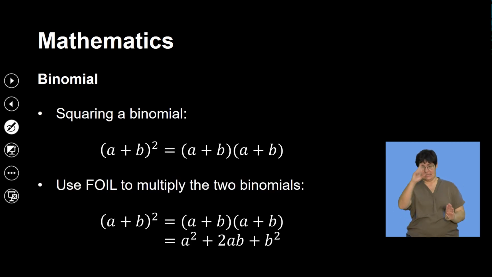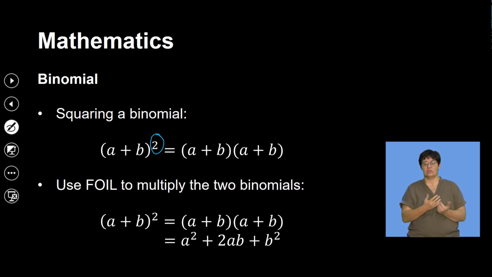Now, when you're squaring a binomial, remember that when we did exponents a long time ago, we looked at what exactly this 2 means. The 2 means that whatever is inside the bracket is multiplied by itself. If it's 3, it means it is multiplied by itself 3 times.